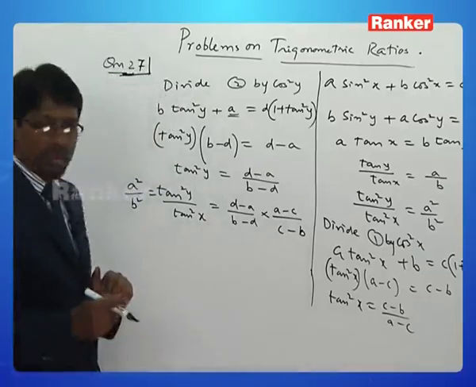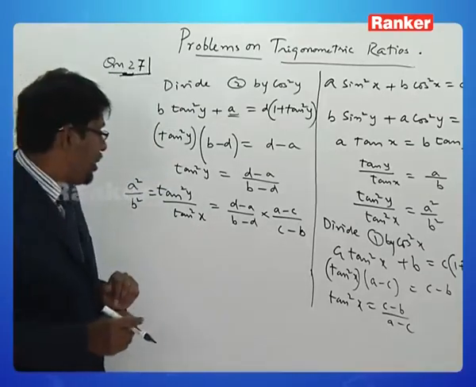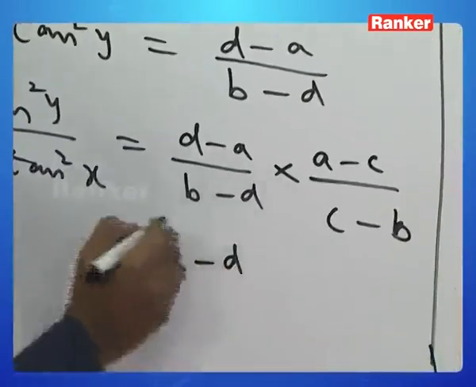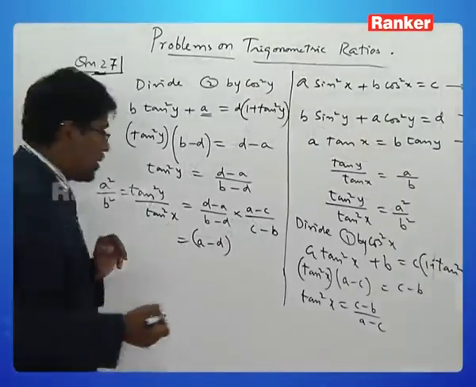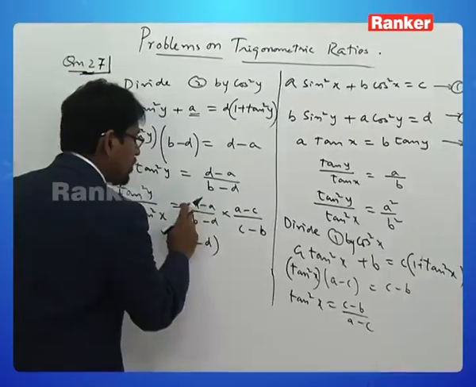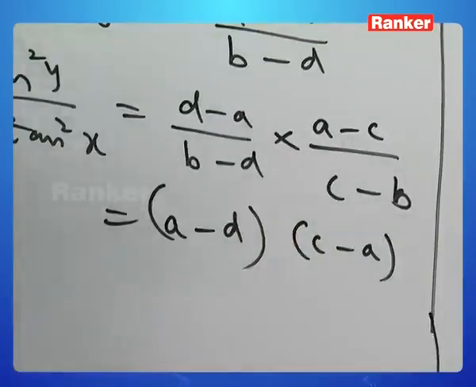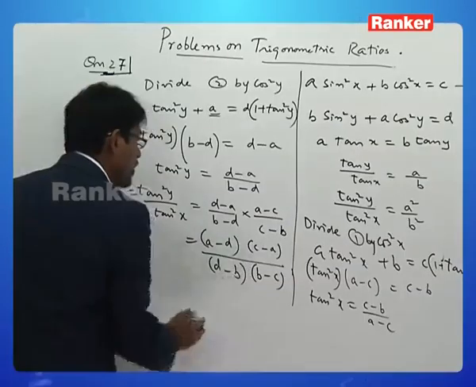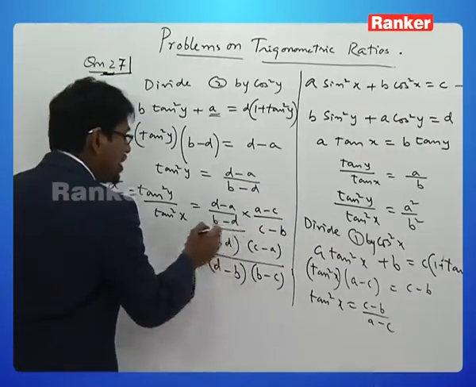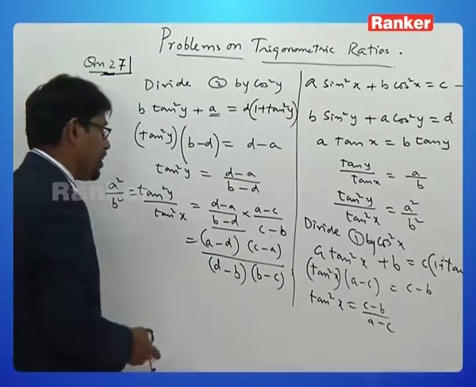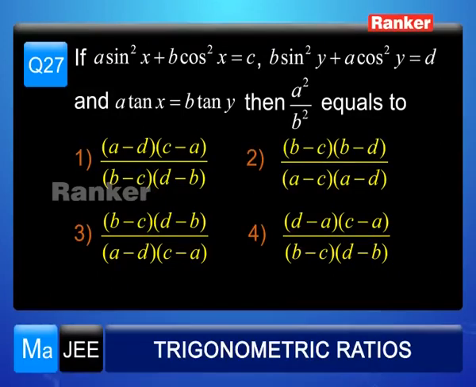And that is clearly appearing. So now rewrite this equation as a minus d into c minus a, that is d minus b into b minus c. So change the sign here, it comes out to be d minus b by b minus c, and that is clearly appearing in option 1. Option 1 is the right answer.